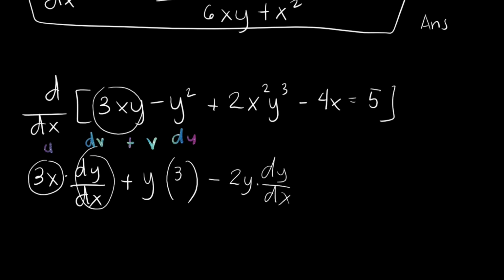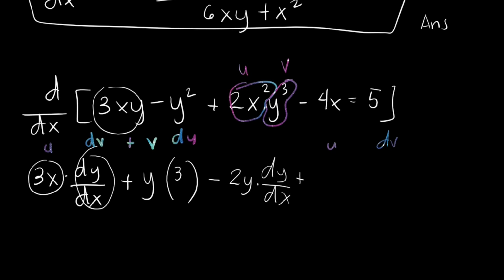So, siguro nagigets yun na siya agad. Plus, ito na naman, meron na namang matitinding nakakabaliw. So, si 2x squared siya yung u mo. Si y cube siya naman si v. Yan. So, gawin natin si u dv.